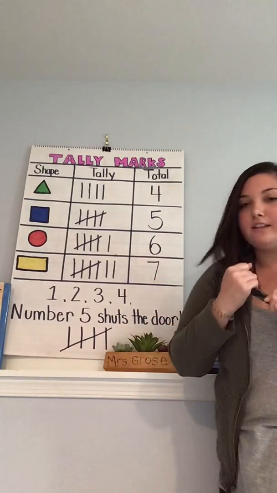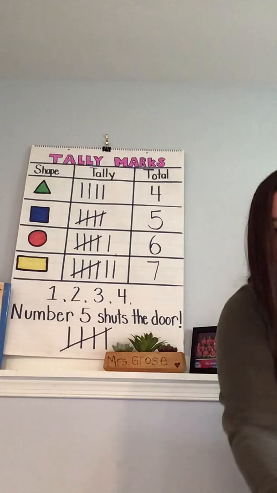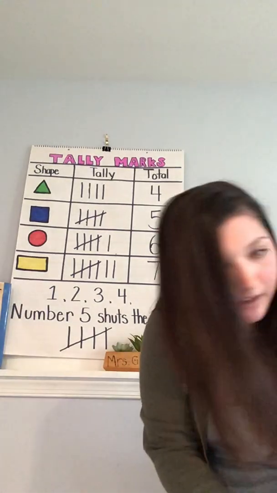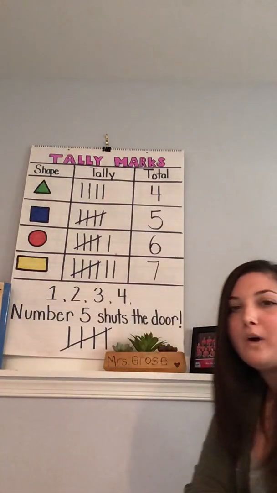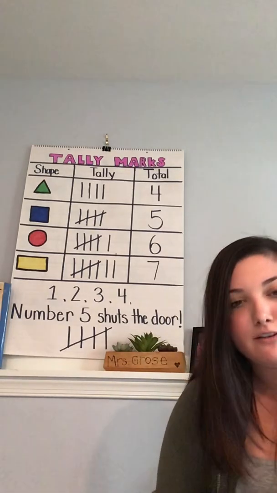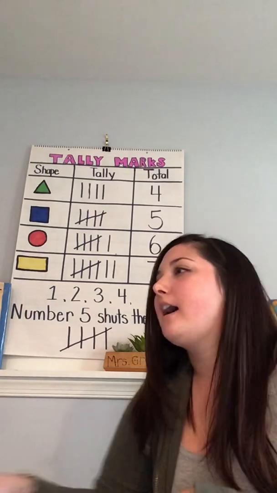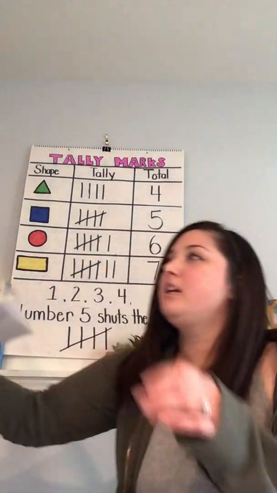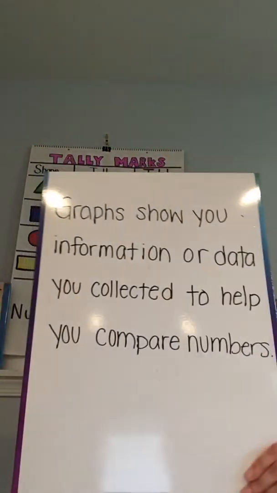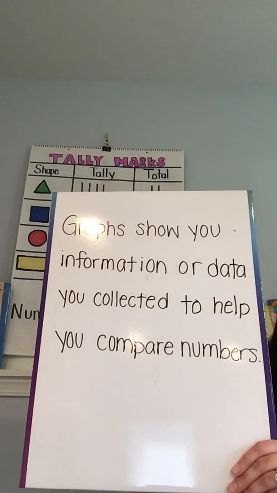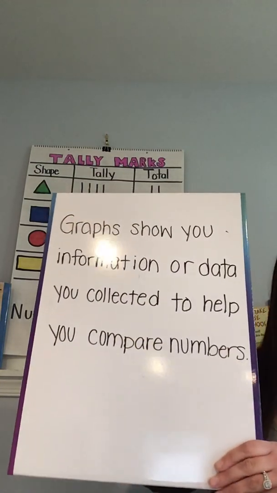All right, now this graph is going to be really good for you to see why we use tally marks and why we use graphing. Earlier I said that graphs show you information or data you collected to help you compare numbers.